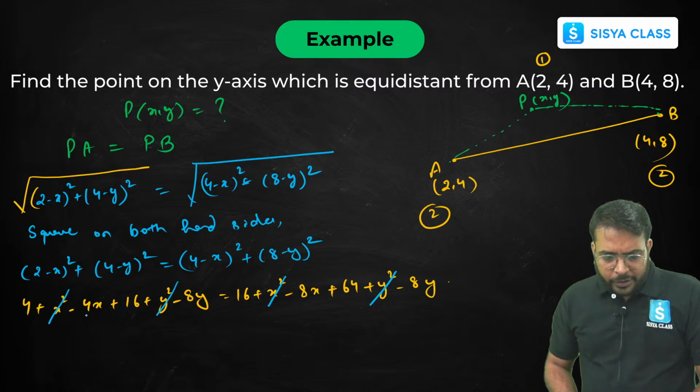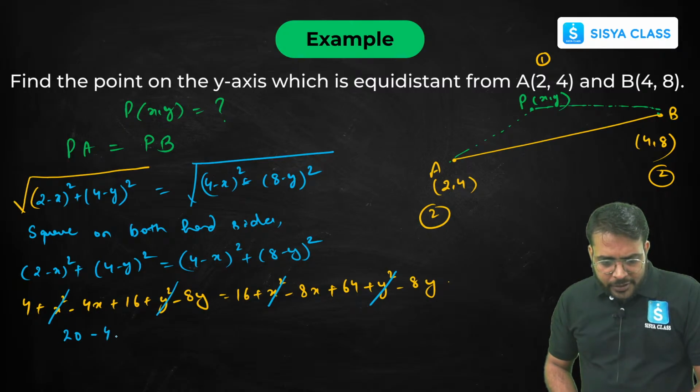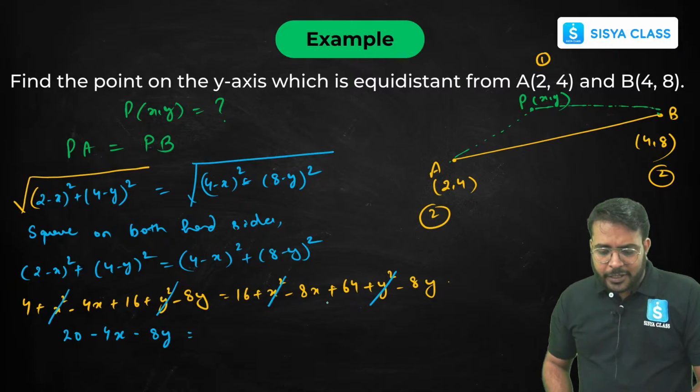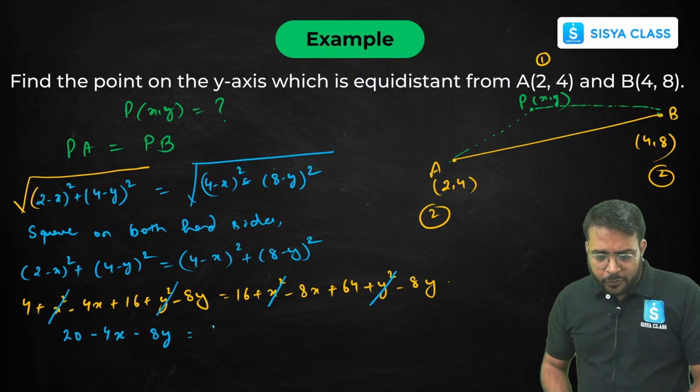So 4 plus 16, it is going to be 20 minus 4x minus 8y. And 64 plus 16, it is going to be 80, so 80 minus 8x minus 8y. Yes or no?